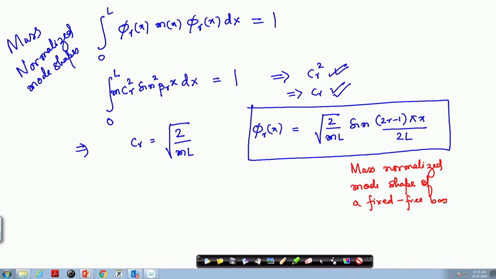We see that this is the mass normalized mode shape of a fixed free bar.